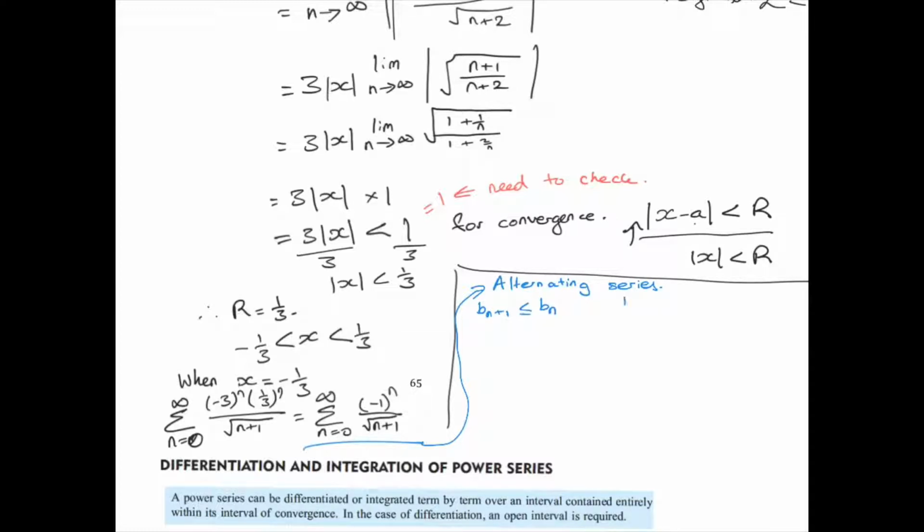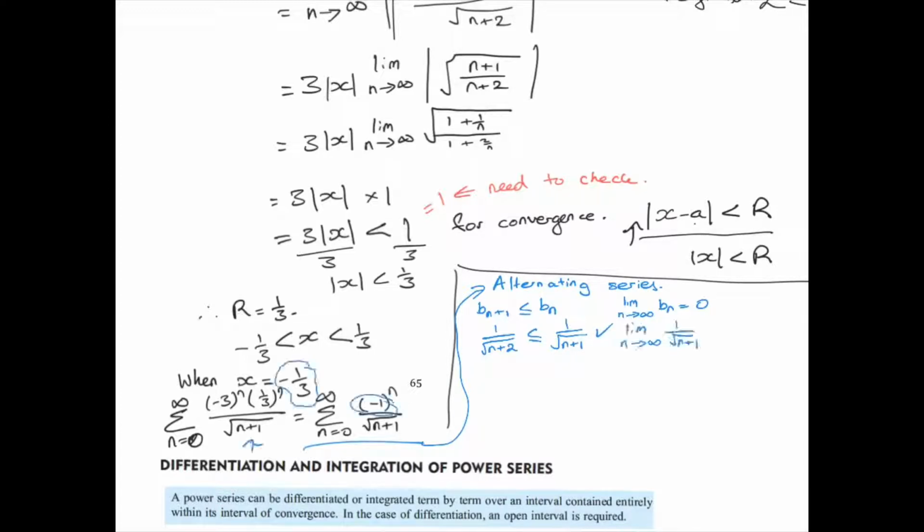And the limit. Okay, so let's do it. What is b n plus 1? 1 over root n plus 2. And is that less than or equal to 1 over root n plus 1? Yes, because the denominator is bigger.